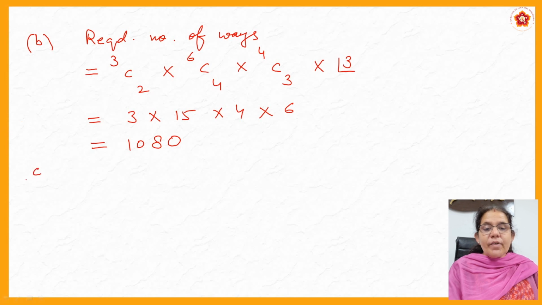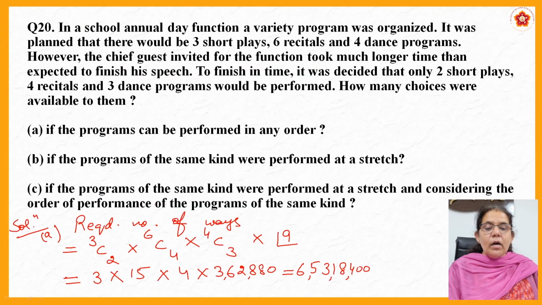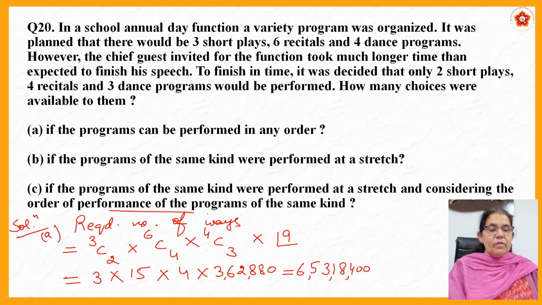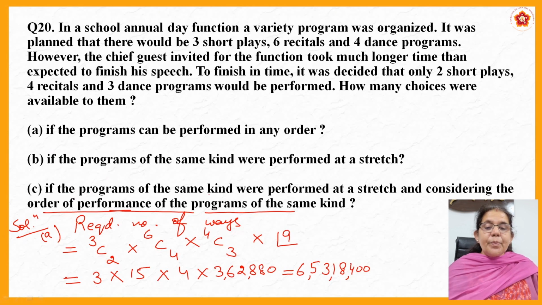So instead of writing 3C2, now this arrangement is very, very important. So keeping that in mind, the required number of ways here will be 3P2. They have very clearly written out here the order of performance of the programs of the same kind. We have to keep that in mind.